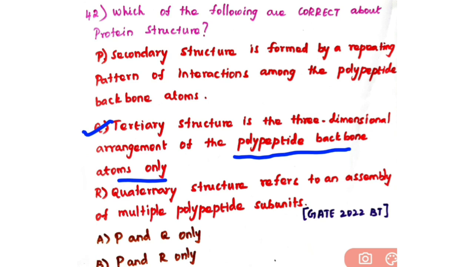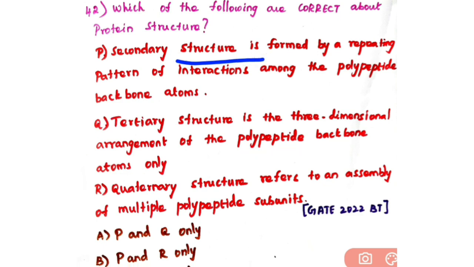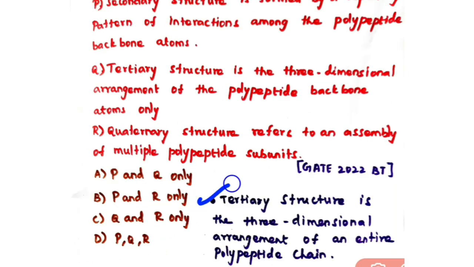No, it's wrong. Secondary structure is formed by a repeating pattern of interactions among the polypeptide backbone atoms, whereas tertiary structure is formed by the 3-dimensional arrangement of an entire polypeptide chain.